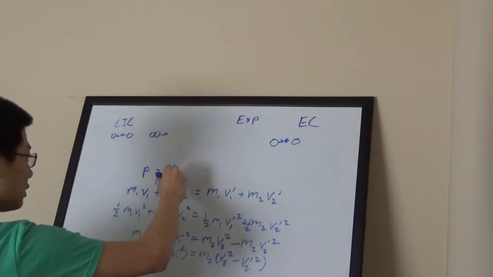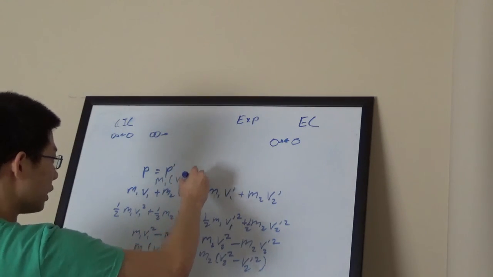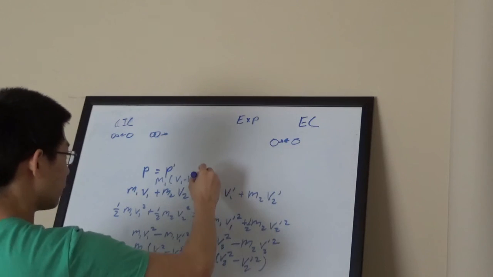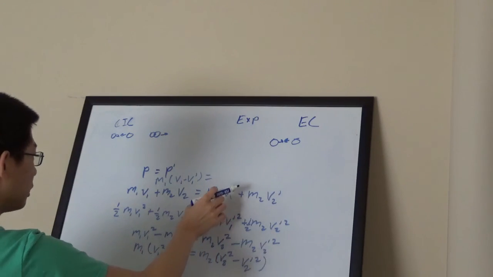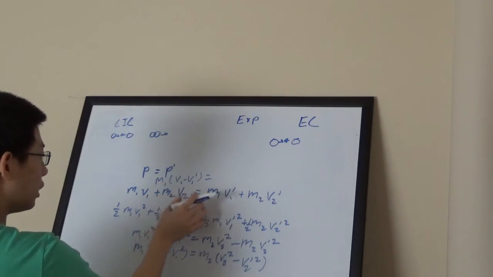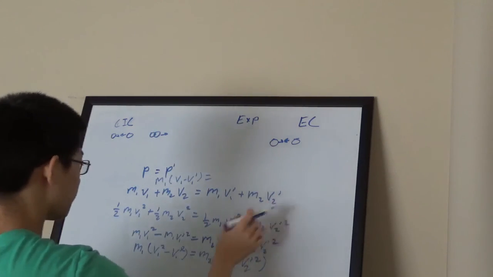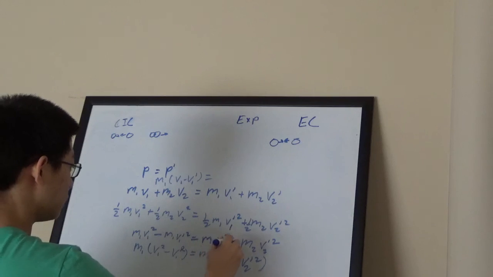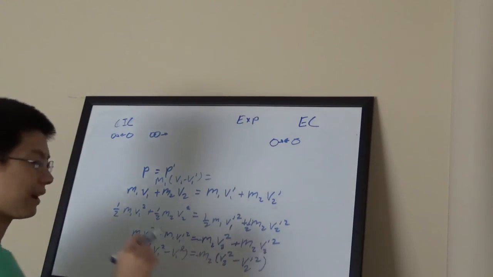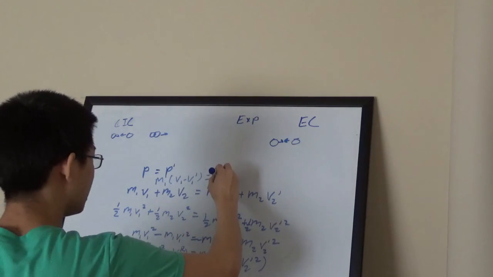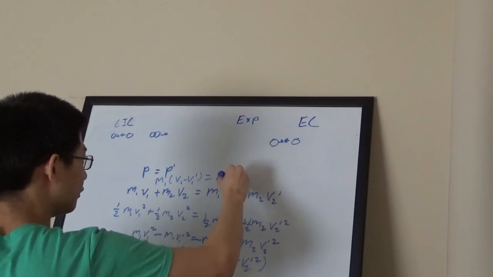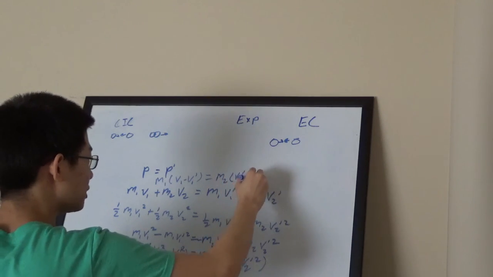Here I do the same thing and I change this to V1 minus V1 prime. I move this over here and this over here, and it is equal to M2 times V2 prime minus V2.